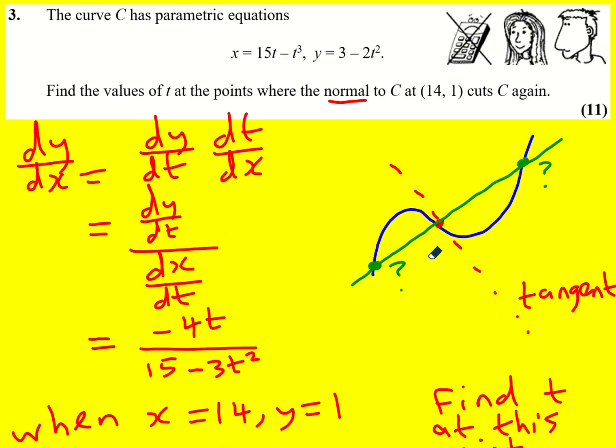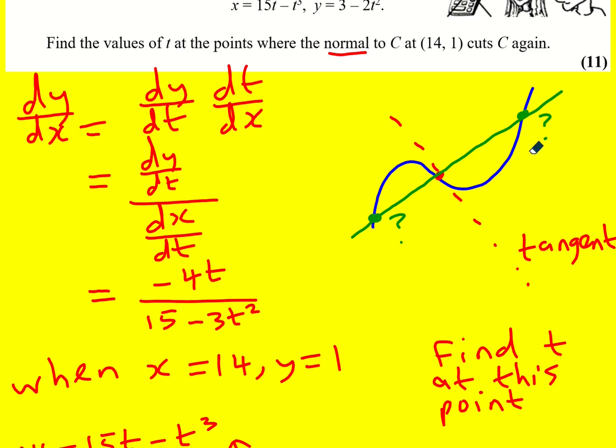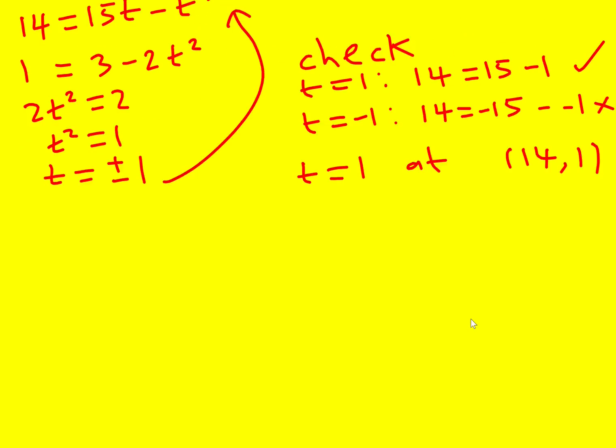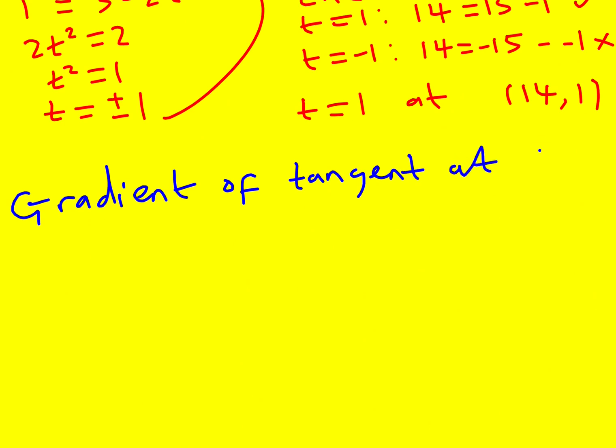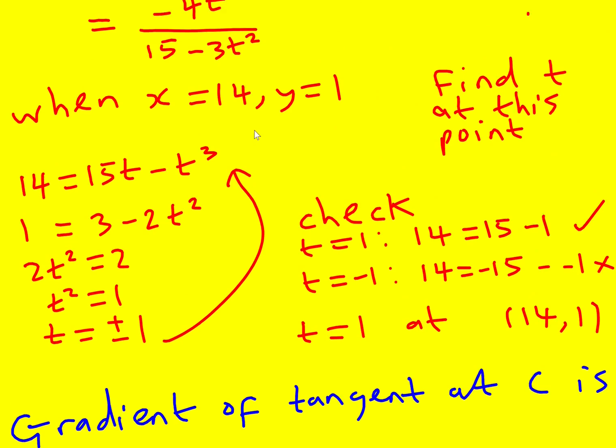So where are we up to? We've worked out the gradient of the curve. We've just worked out the value of t at the point that we're interested in. So now we can work out the gradient of the tangent at that point. So we can substitute 1 into here.